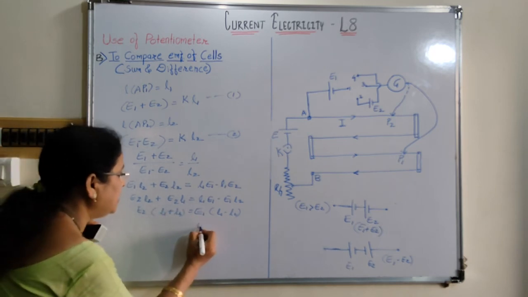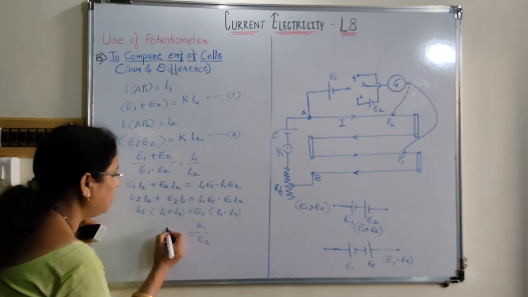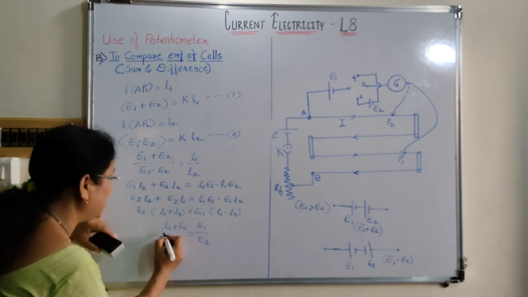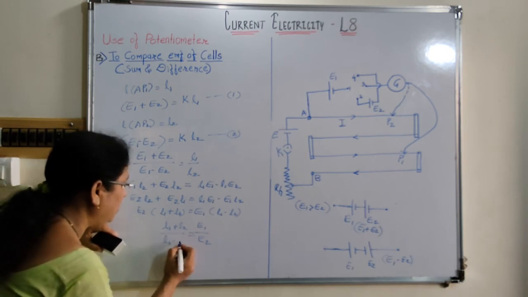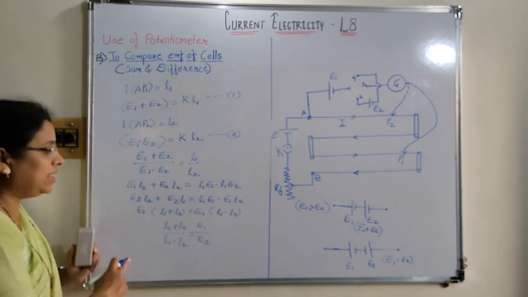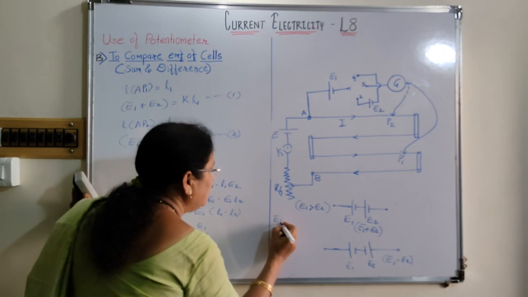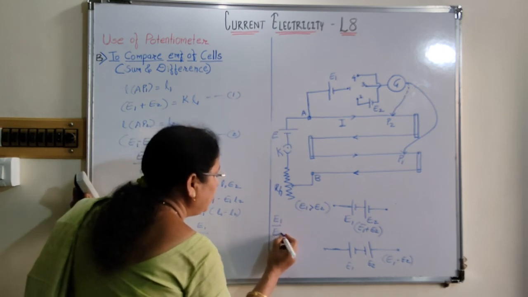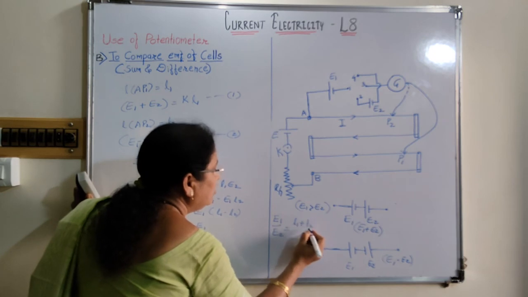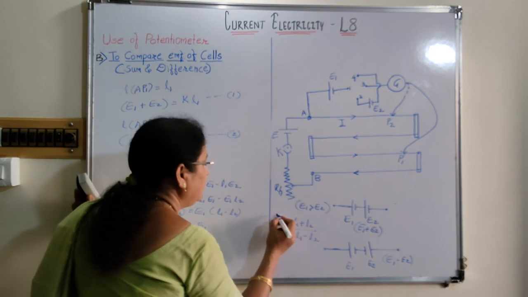And so we can say E1 upon E2 is equal to L1 plus L2 upon L1 minus L2. And so we can say the final formula for the comparison of EMF of two cells is E1 upon E2 is equal to L1 plus L2 upon L1 minus L2.